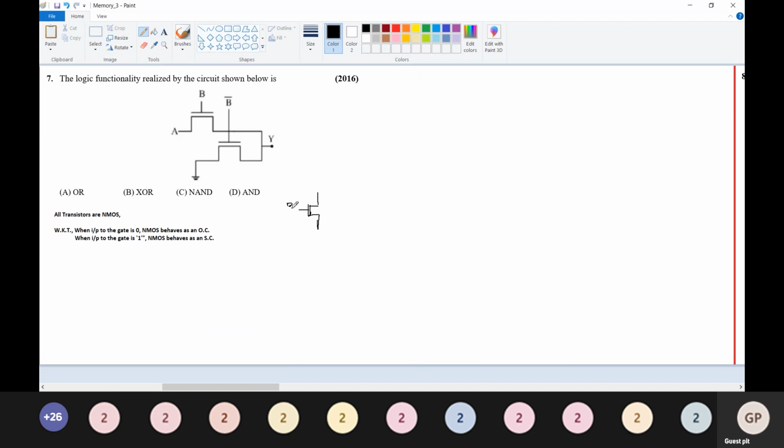This is terminal B, and this is terminal A, and output Y. This is transistor T1 and this is transistor T2.